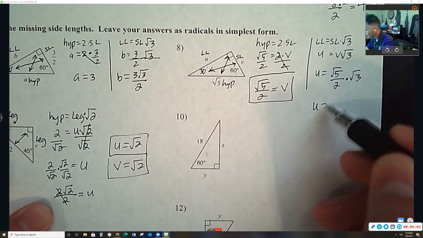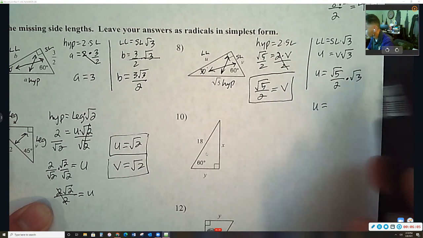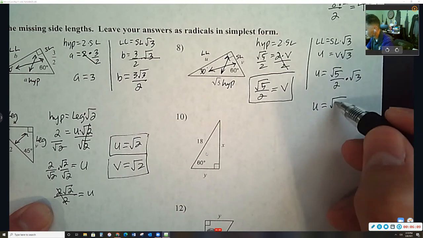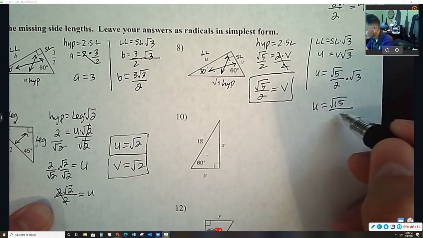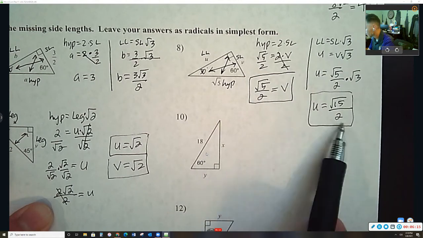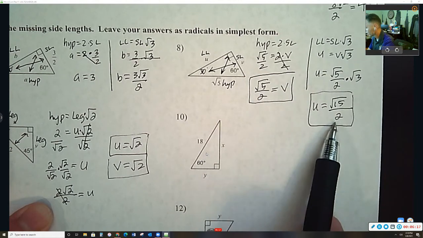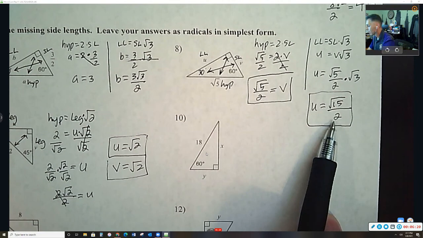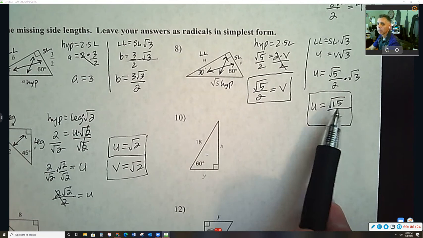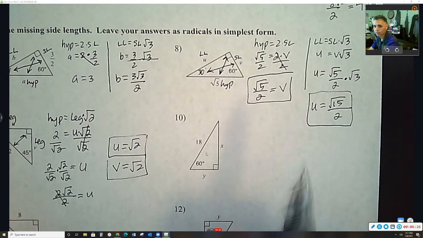This looks like a mess, but it's actually pretty simple to solve. These two are square roots, so I can multiply them, and then you have the 2 in the bottom. As long as there are no square roots in the denominator, we're okay. And as long as we can't simplify that square root in the numerator, we're good. That's done. We're finished with those two.